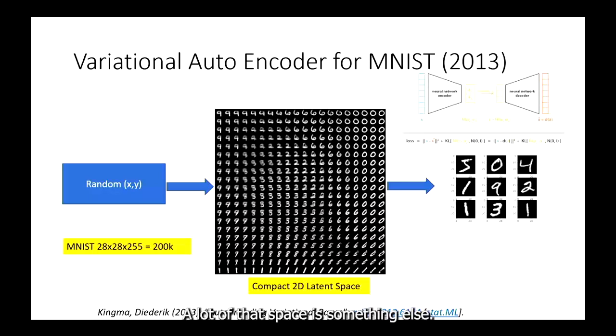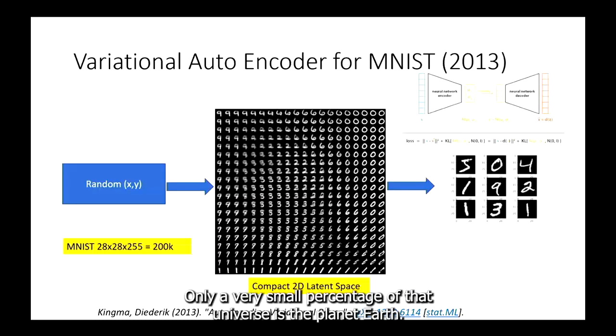A lot of that space is something else, which is pretty useless. Only a small subspace, which we sometimes call a manifold, represents human faces. And the rest of it is something else. Just like in the 3D world, the 3D world encompasses the entire universe. Only a very small percentage of that universe is the planet Earth. And none of us are really sitting in the Earth's core or up in space.